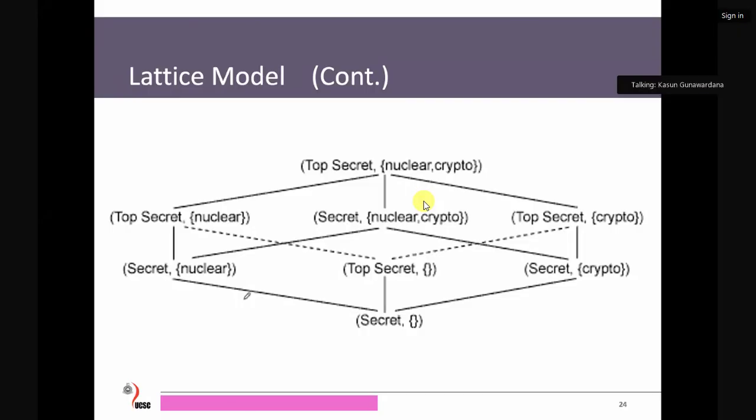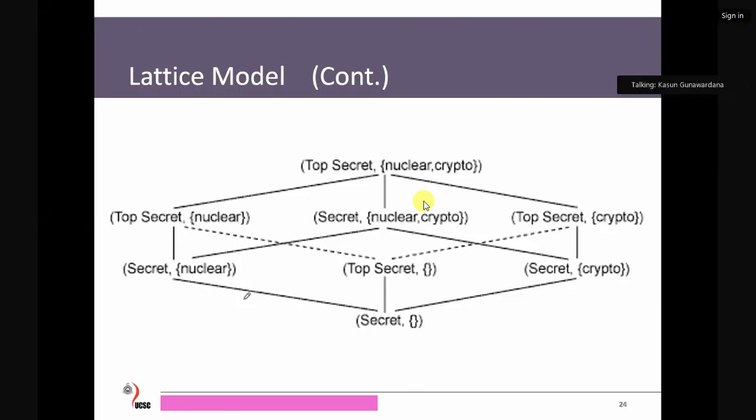So this is a lattice model, or the lattice structure. You see two sensitivity levels, secret and top secret, and at each level there are several database objects like nuclear and crypto.